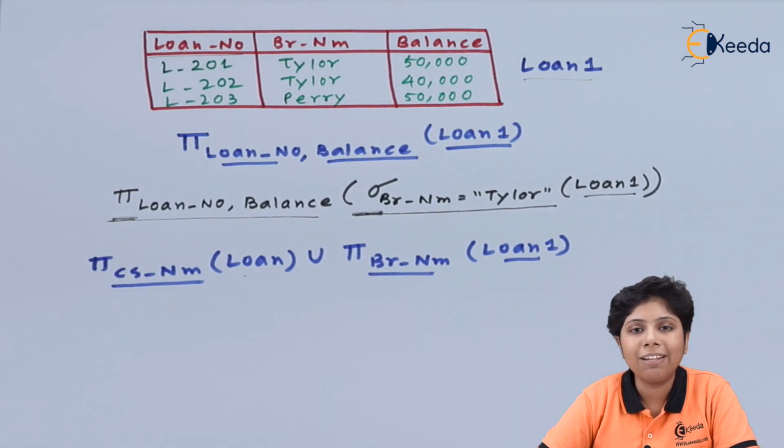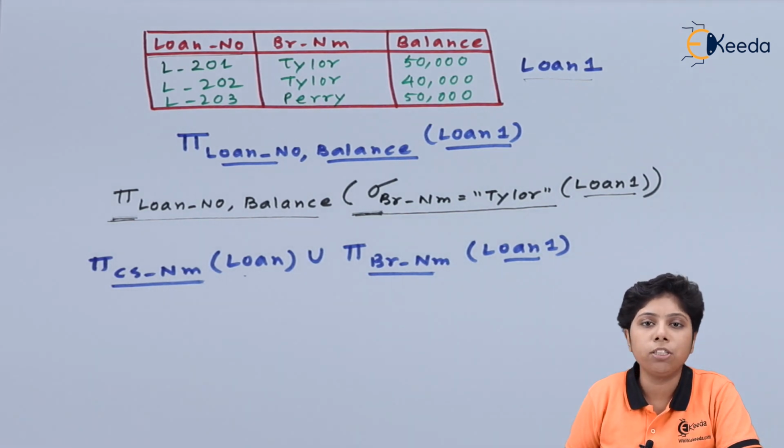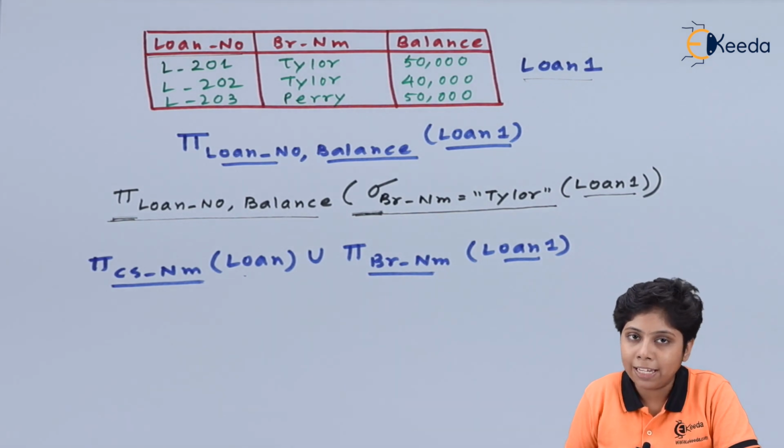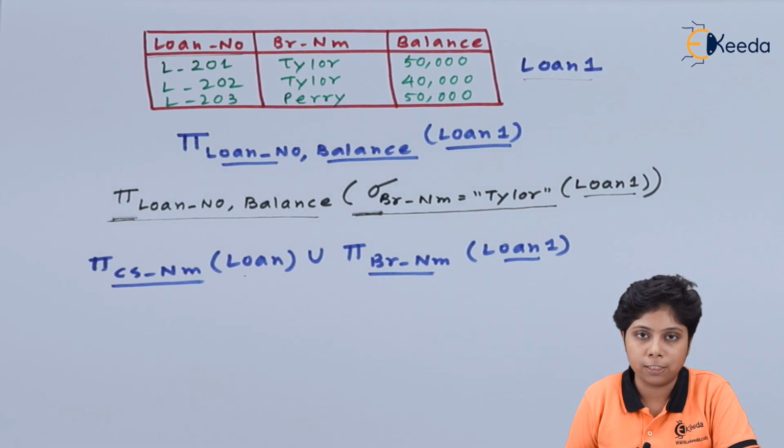See here, all the values will be distinct as the branch name cannot be equal to the customer name. So the customer name and branch name cannot be joined together using a union operator. It will give us a valid output, but it will not be logical to have such a result.